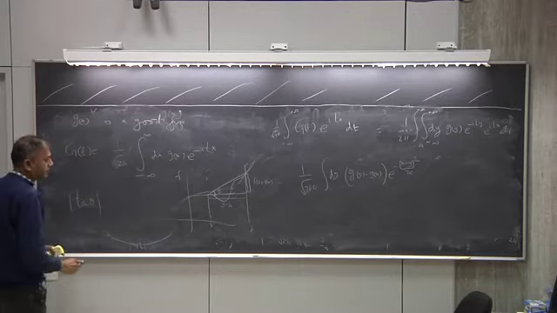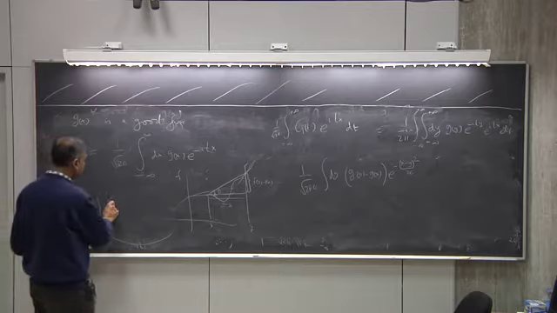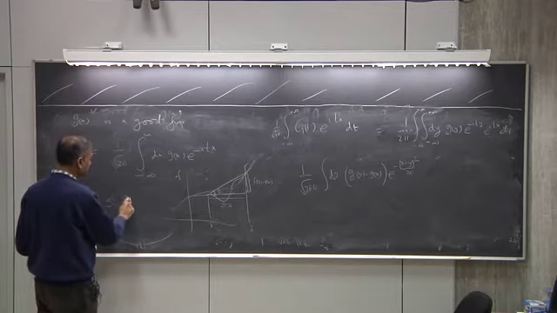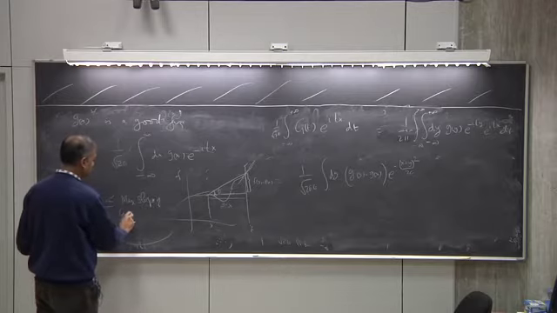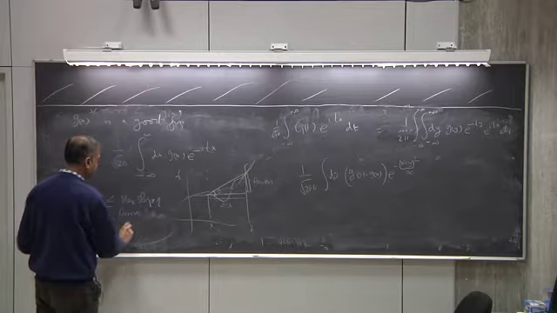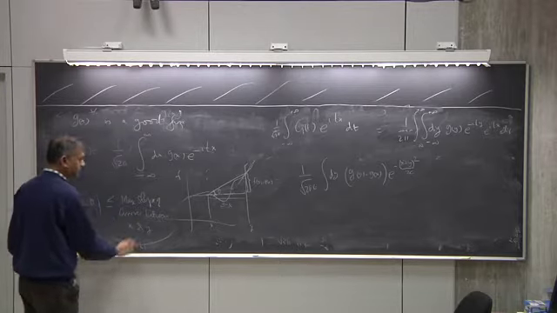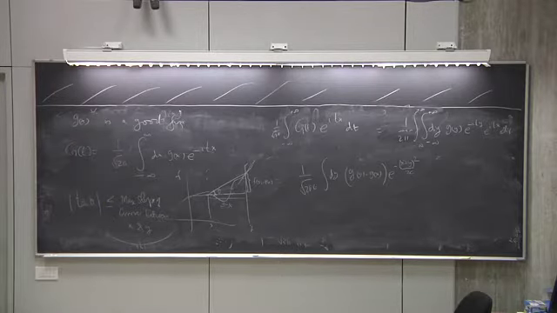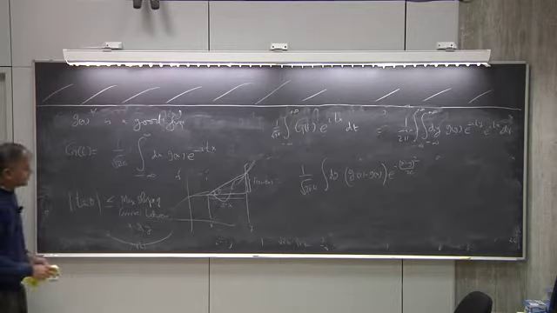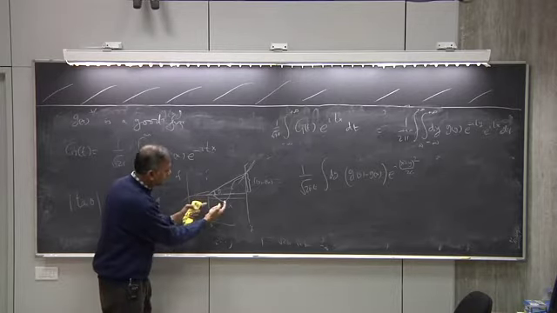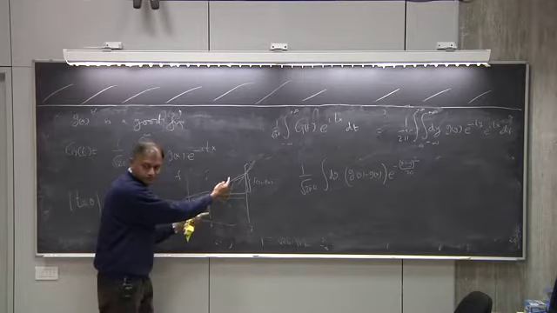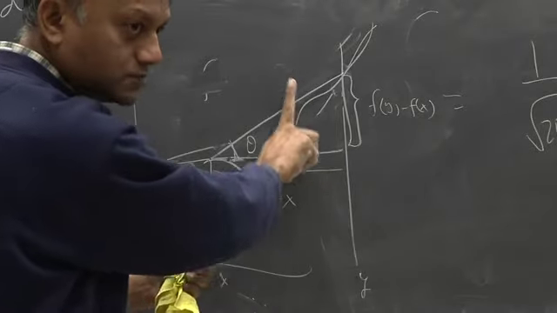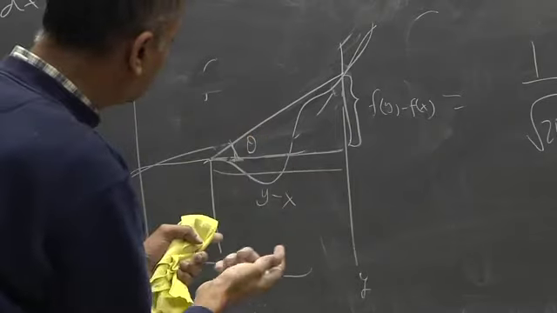Take the absolute value of tan of theta, that's going to be less than or equal to the maximum slope of the curve between x and y. In this picture it's very clear. The maximum slope seems to be somewhere here, right? From this picture, certainly that angle is more than this. But that has to be true.